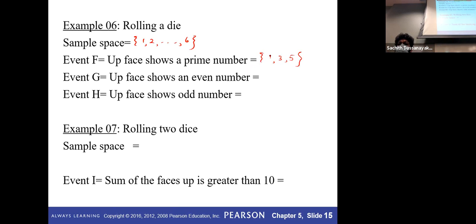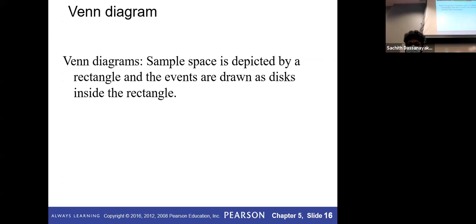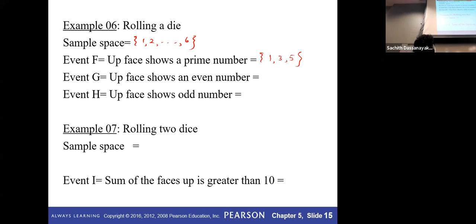Sometimes some books forget about 1, but I consider 1 as a prime number, so it doesn't matter. These are the prime numbers within this boundary, 1 to 6.